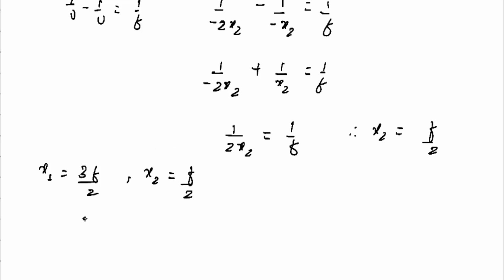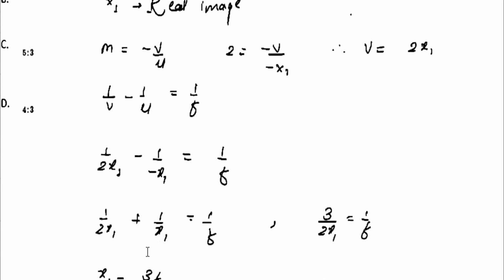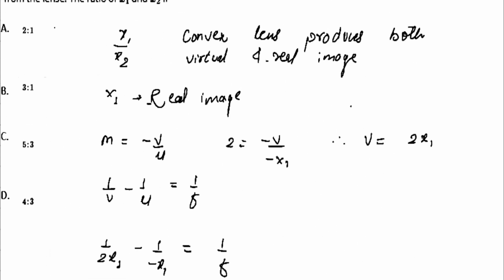So taking the ratio x1 by x2, which is equal to 3f by 2 divided by f by 2, f and f get cancelled out. So x1 by x2 equal to 3 by 1, that is the ratio is 3:1. Now let's check which option it matches. So the correct answer is B, 3:1.